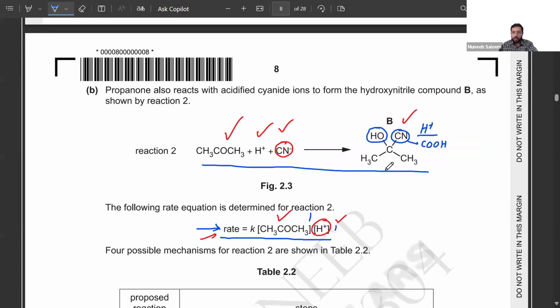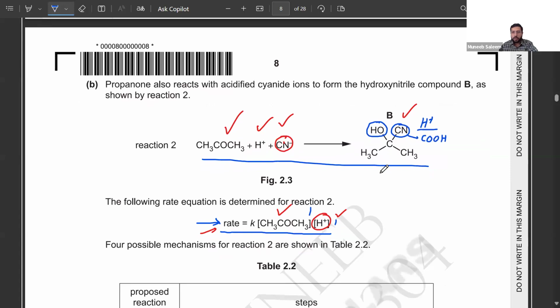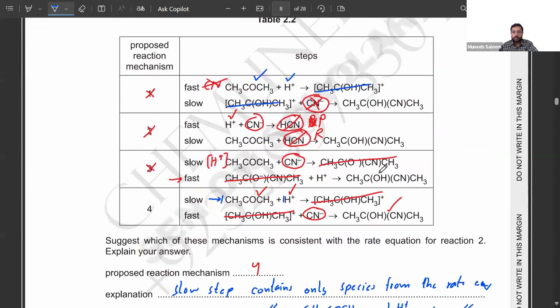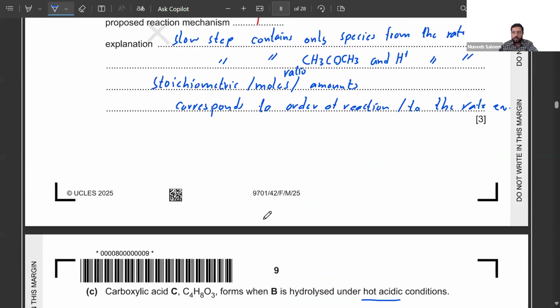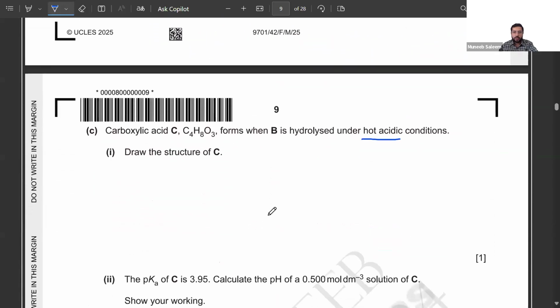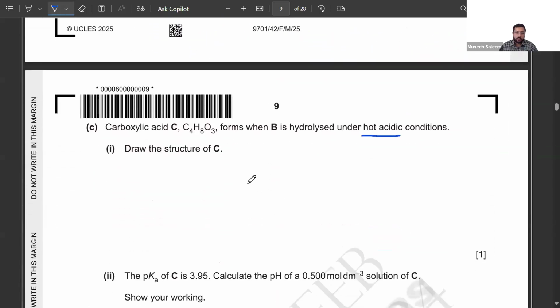This is from the AS part because we have already learned these reactions in the AS as well. So I will simply draw the structure, only replacing the CN part with the COOH. So the CN part converts into the COOH part, and then OH remains there, the methyl group remains there, and the other methyl group remains there.